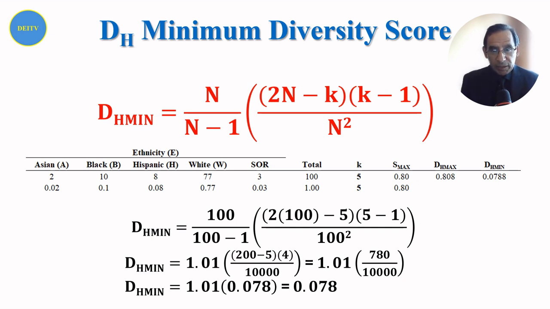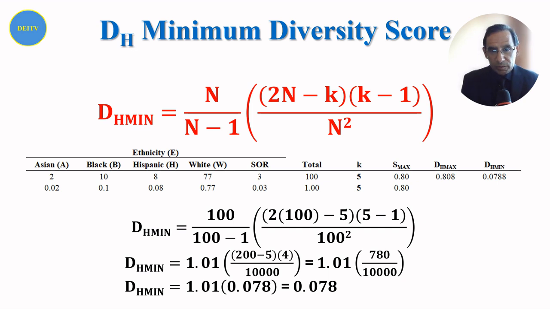You're going to multiply that by 2 times 100 minus 5 times 5 minus 1, divided by 100 squared. So when you apply the formula to the data, you get a minimum score of 0.078. So that's a little larger than the minimum empirical value of 0.